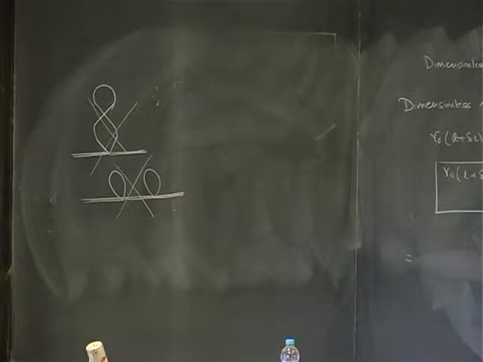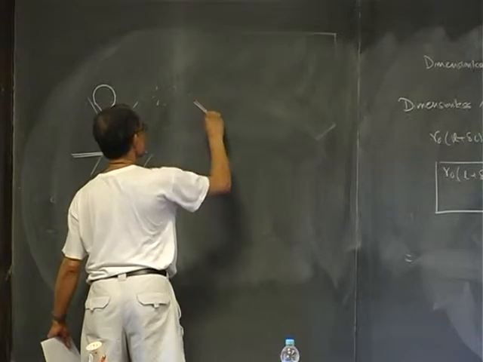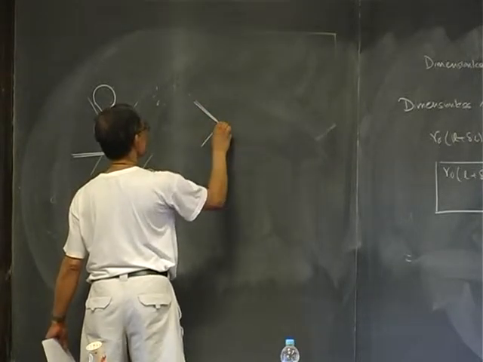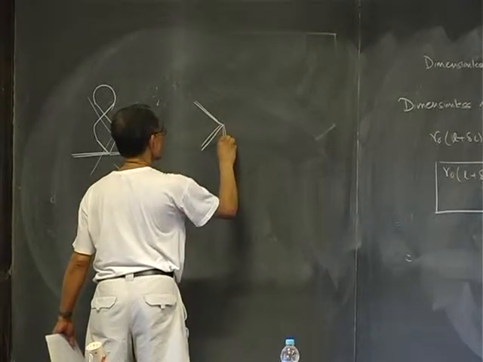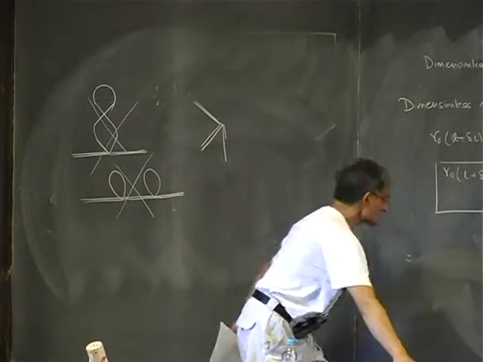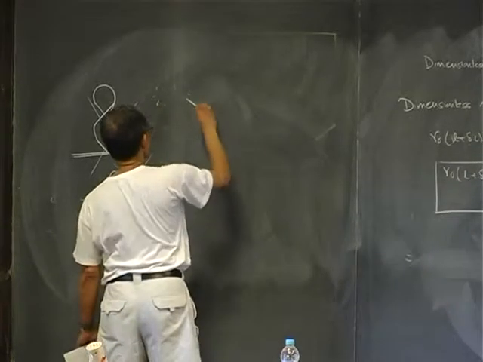How about a term which has four external legs? That means four double lines outside.